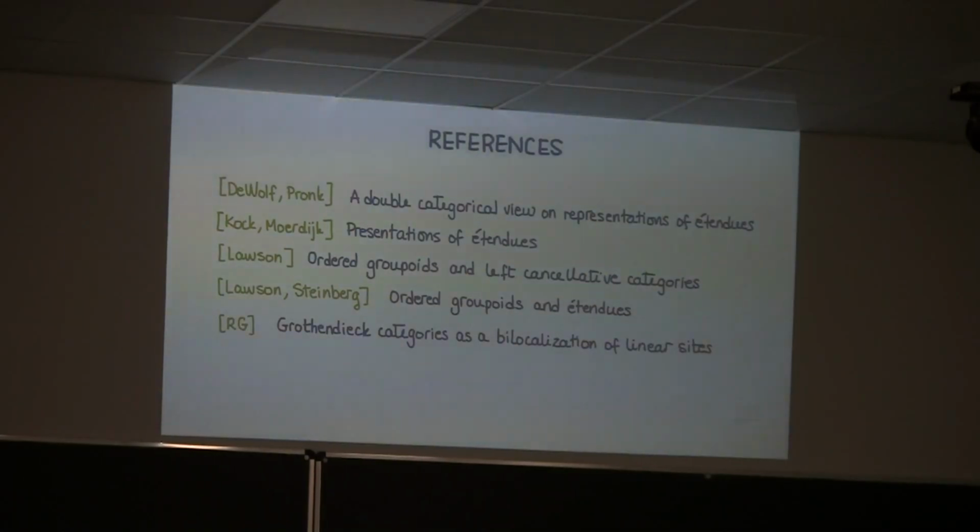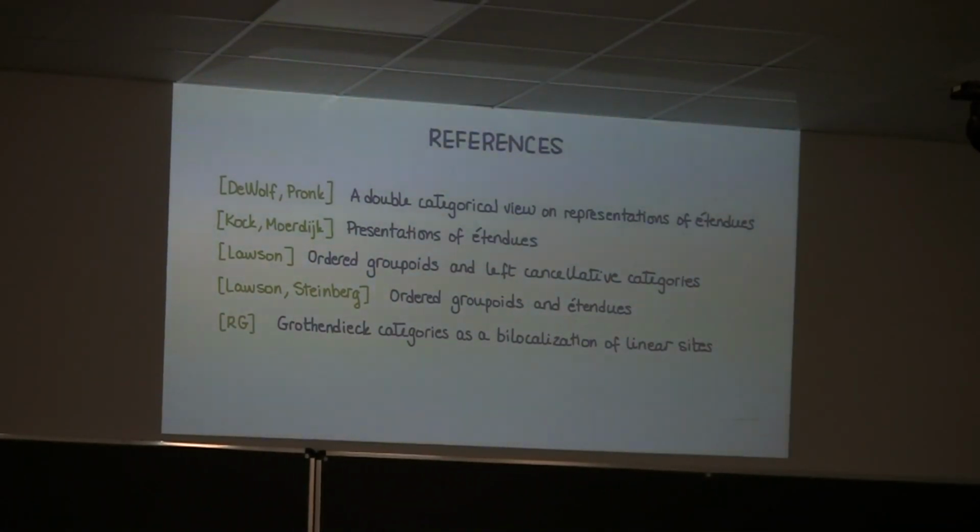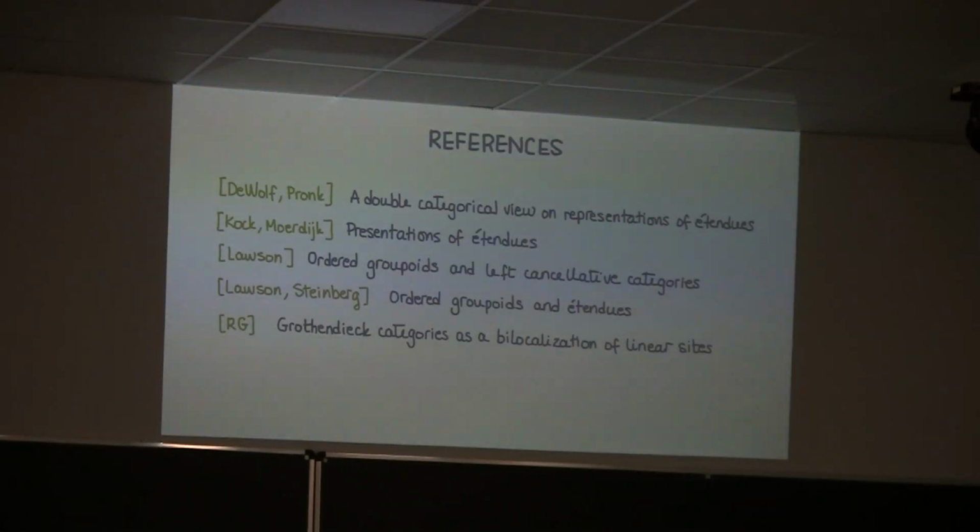Further questions? Well, what makes these sites easier to work with? The funny thing is the sites don't become easier to work with, but the Ehresmann sites are very easy to work with. The double categorical part is very nice to work with.